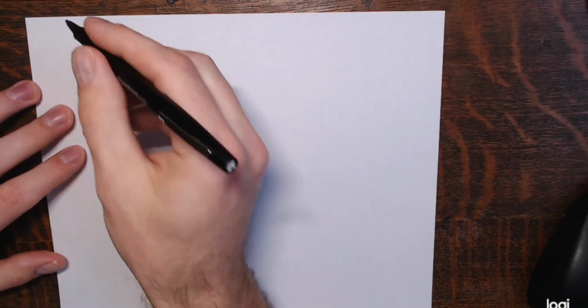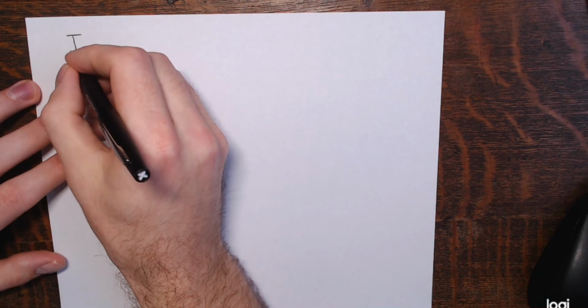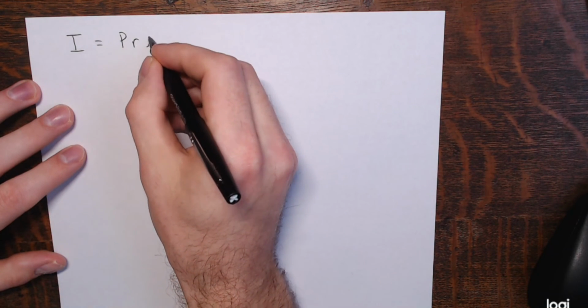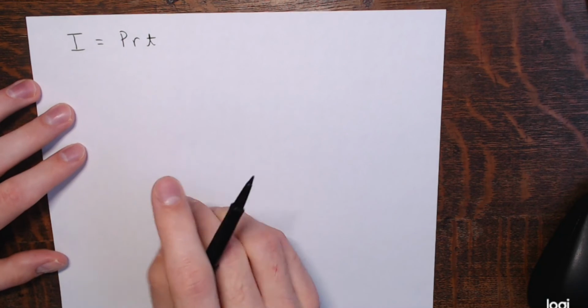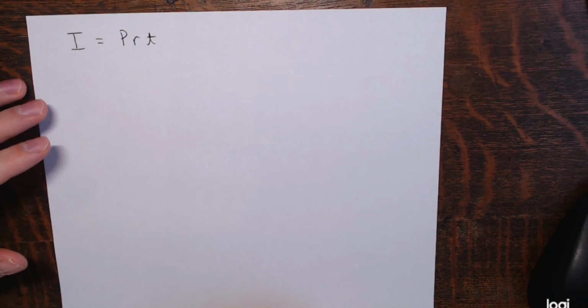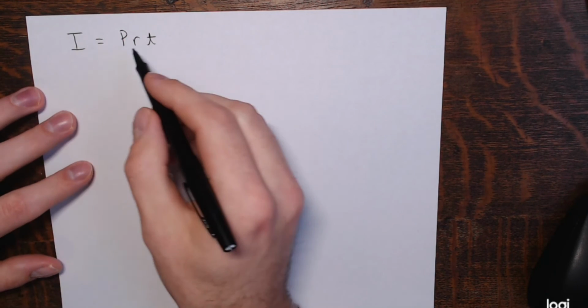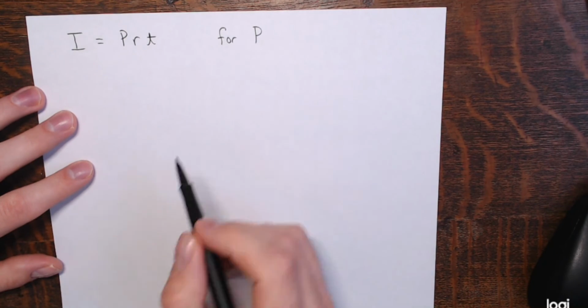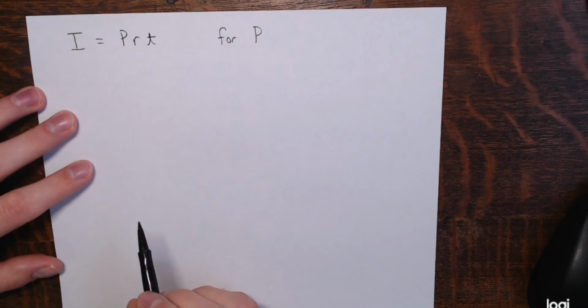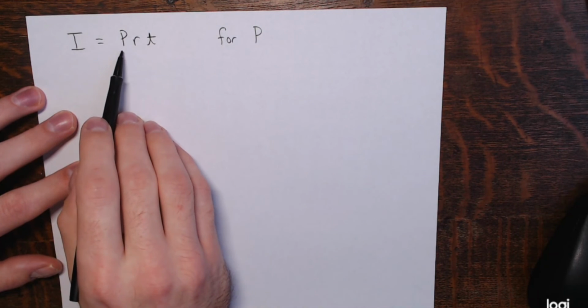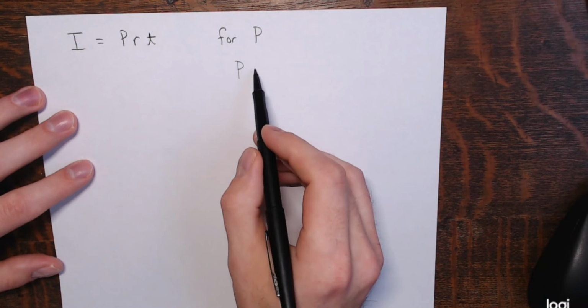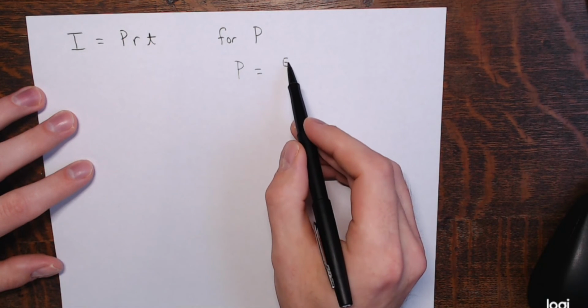Alright, the formula is I equals P times R times T. And say before I even put in any of the numbers, what if I was asked to solve this for P like they're asking? So I want to get P alone, this capital P. Right, I want P equals, and then some expression without P in it.